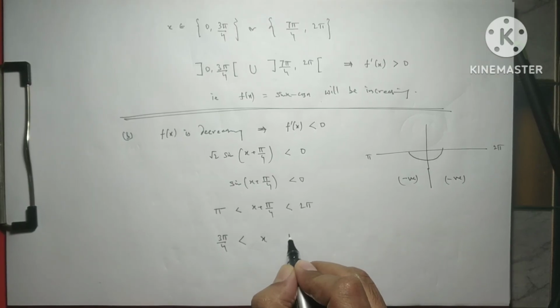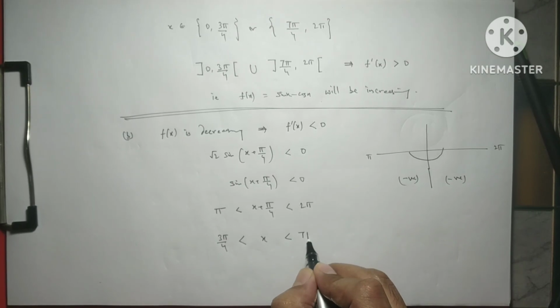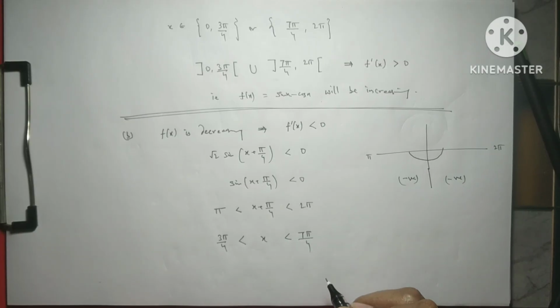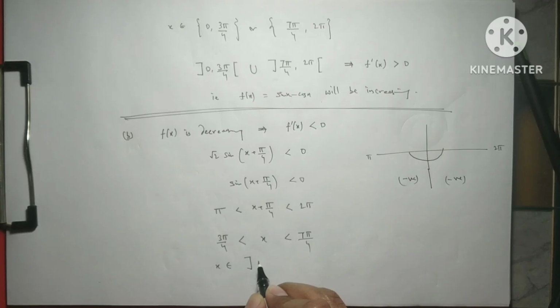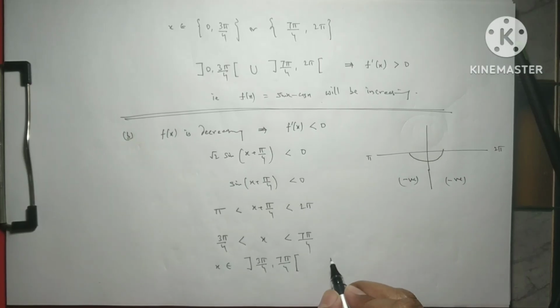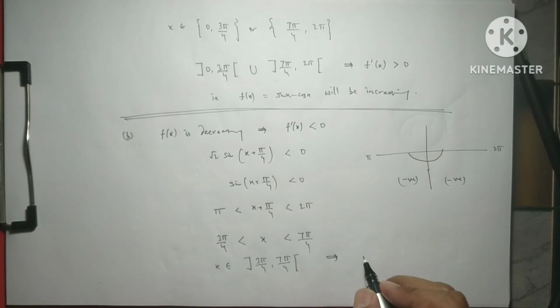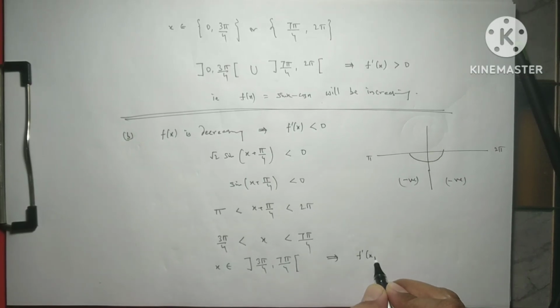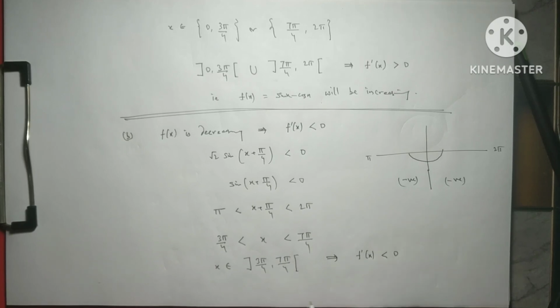This becomes x and this becomes 7 pi by 4. So x belongs to 3 pi by 4 to 7 pi by 4, and it is that interval at which f dash x is negative. So therefore the given function fx is decreasing.